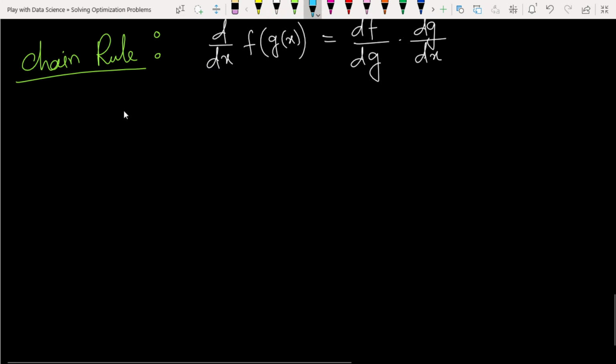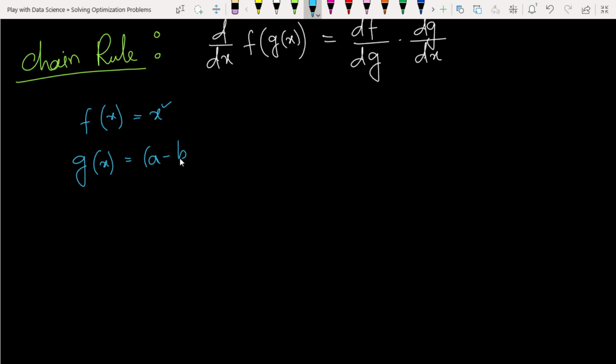Just consider an example. Suppose we take f of x equals x square, and g of x equals a minus bx.